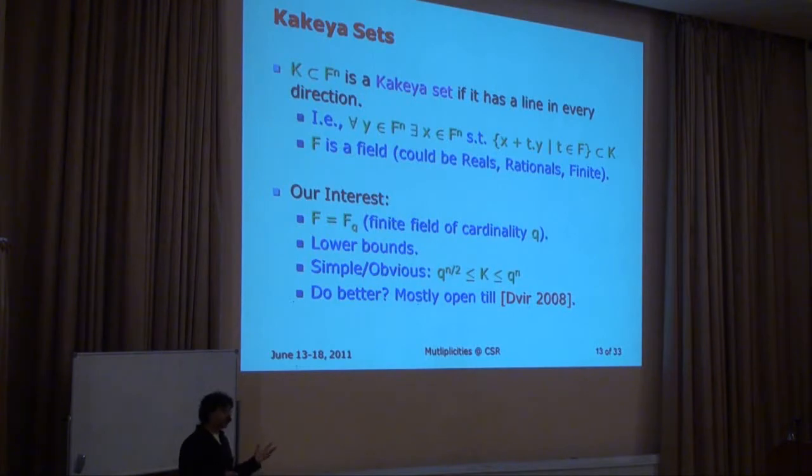Let's create the finite field version of the question, not necessarily expecting progress. And the best that the bounds went, instead of n over 2, was something like 0.51 n. So something very tiny. And this remained the case, with fairly heavy-duty techniques.